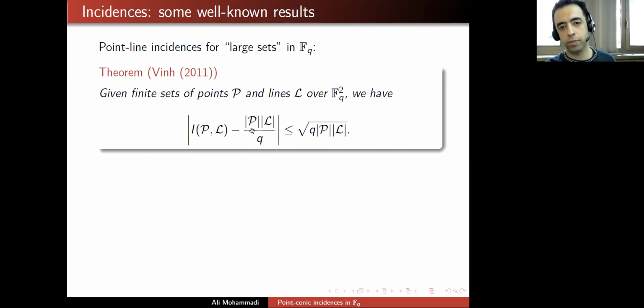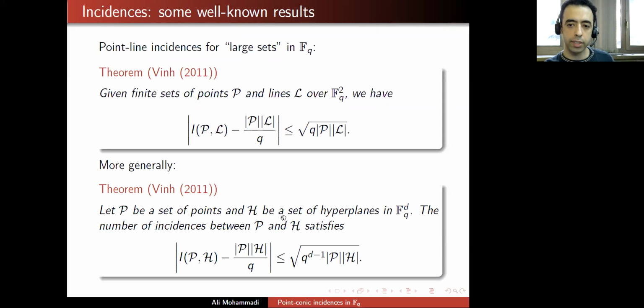So the expected value of your incidences becomes P times L times this 1 on q. And this would be the error term. I think in the upper ranges, this becomes optimal. I think when P and L are around q to the 3 on 4 or maybe 2 on 3, you can easily calculate.